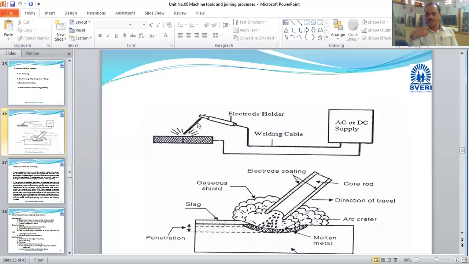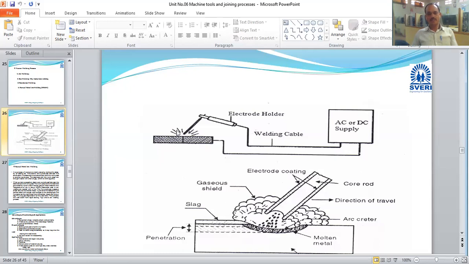So what is the function of that coating? When welding is going on, it produces gases surrounding it, and it prevents the weld from interacting with oxygen and nitrogen, and avoids contact with contaminated particles. It avoids air gaps. If oxygen and nitrogen come into contact here, there is a chance of gaps being created in the weld.